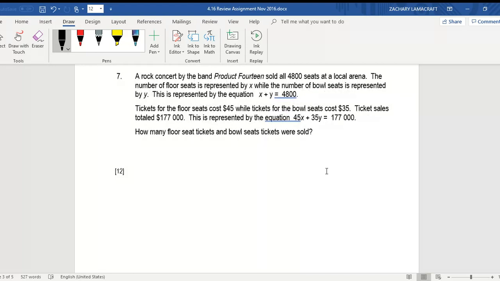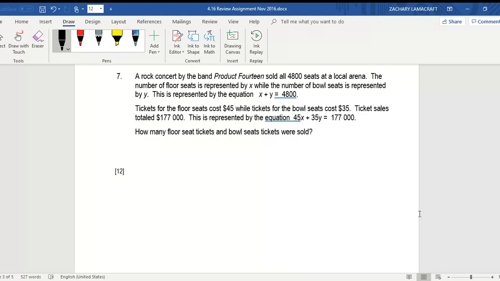So it says a rock concert by the band Product 14 sold all 4,800 seats at a local arena. The number of floor seats is represented by X, while the number of bowl seats is represented by Y. So X plus Y is equal to all 4,800 tickets. So basically X being the floor seats, Y being the bowl seats or the seats up top.